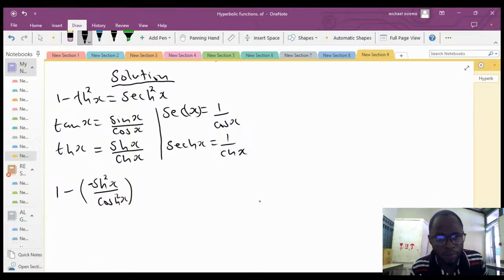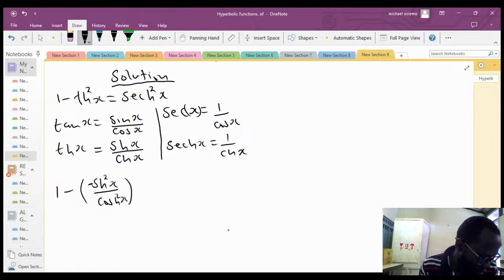Is it going to be negative sine squared, or just sine hyperbolic of x over cos hyperbolic squared of x? Tell me in the comment section. So what do you think? Okay, it's all right. We can just continue, no problem.